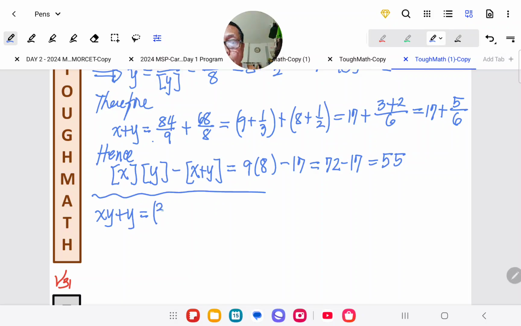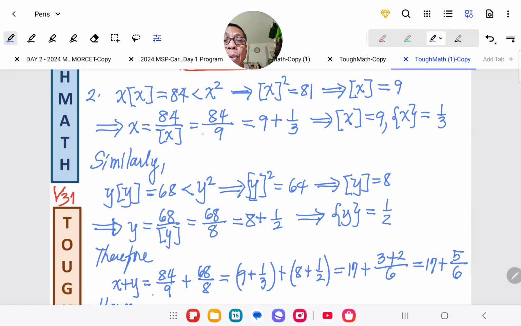Okay, this is 28 over 3, and this one here also, divided by 2, this is 34 over 4, divided by 2, and this is equal to 17 over 2.